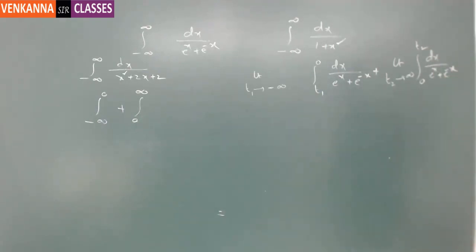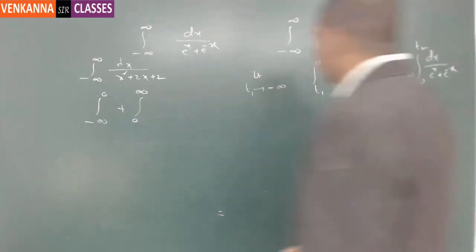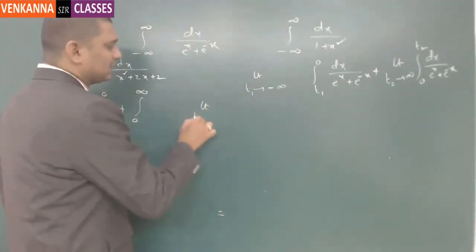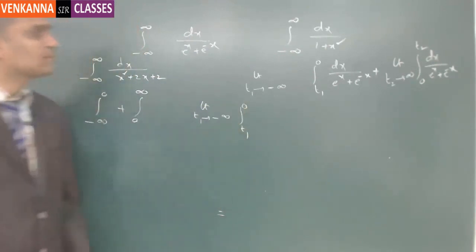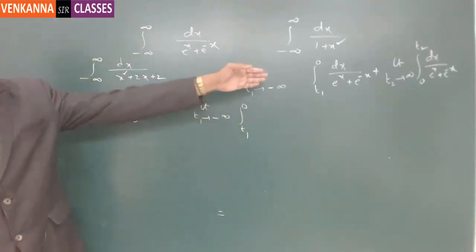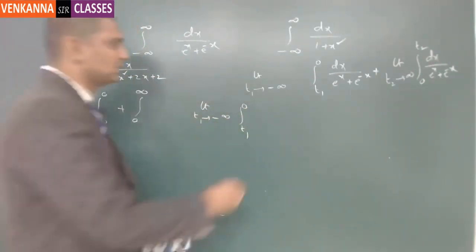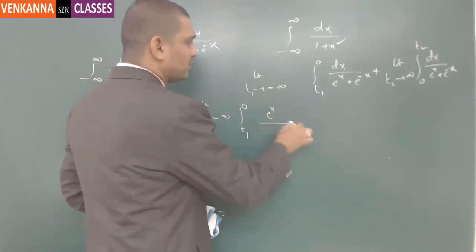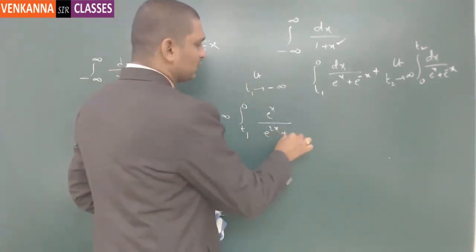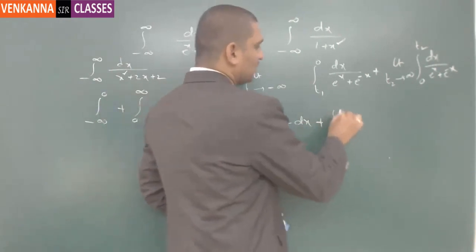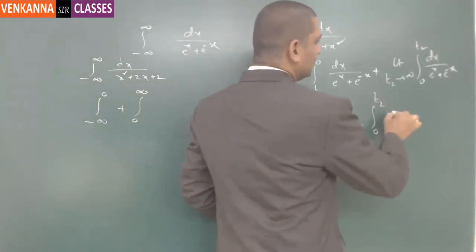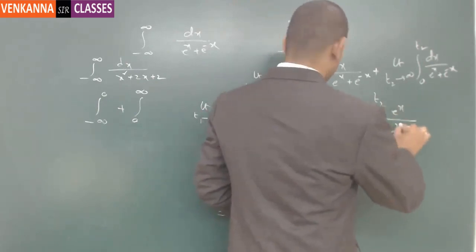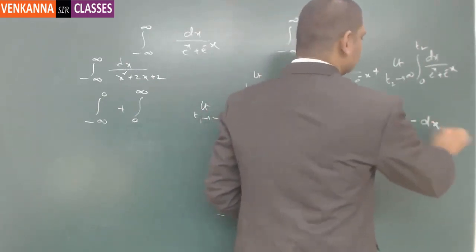And while doing the evaluation, we will do like this: limit t1 tends to minus infinity, integral t1 to 0. So multiply numerator and denominator with e power x. So we will have e power x by e power 2x plus 1 dx plus limit t2 tends to infinity, integral 0 to t2, e power x by e power 2x plus 1 dx.